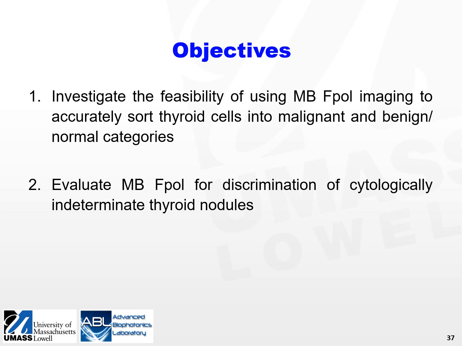Objectives of this study included investigating the feasibility of using methylene blue fluorescence polarization imaging to accurately sort the thyroid cells into correct malignant versus benign or normal categories, and also to evaluate methylene blue fluorescence polarization for the discrimination of cytologically indeterminate thyroid nodules.